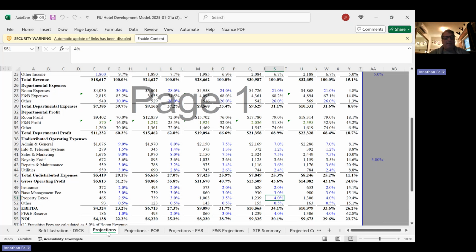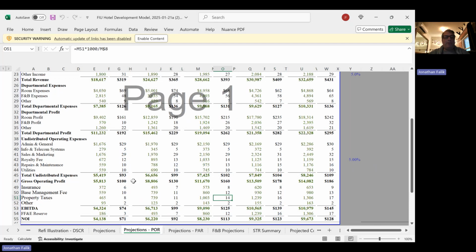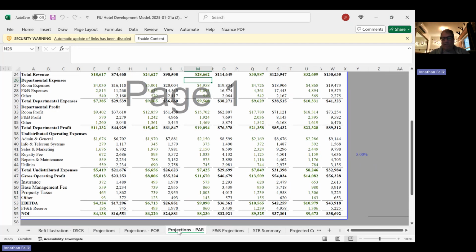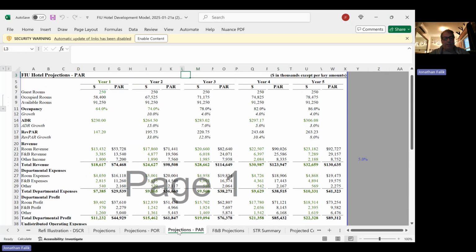So again, you should have this first page of projections that we're looking at. You should have the projections per occupied room for all 5 years. And then lastly, you should have the projections per available room for all 5 years. So what does this show?